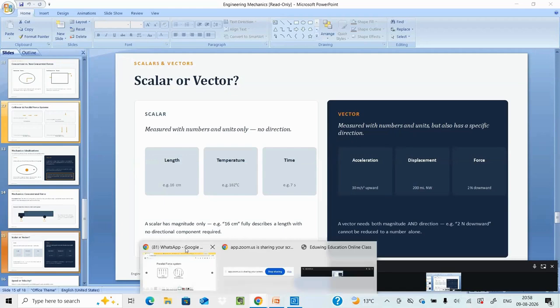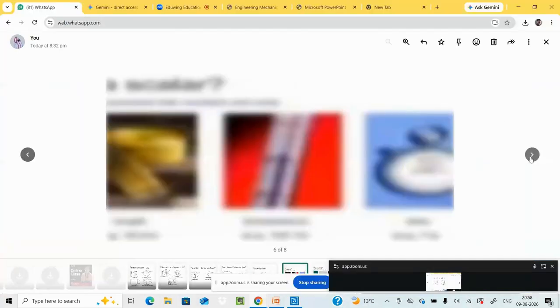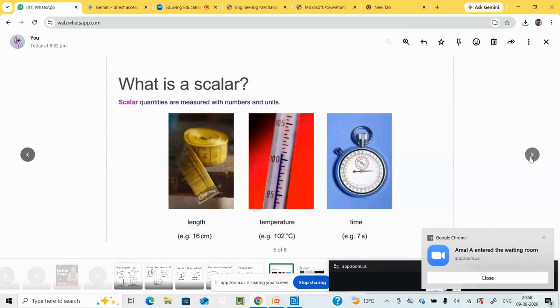Okay, if you are done with the force part, next we'll see the scalar and the vector part. In engineering mechanics, for now we have studied forces. Next, what is a scalar? Quantities measured with numbers and units: length is measured in centimeter or millimeter, temperature in degrees Celsius or Fahrenheit, and time in seconds, minutes or hours. If you say length, it could be 16 centimeters in a horizontal or vertical direction, whatever it is.